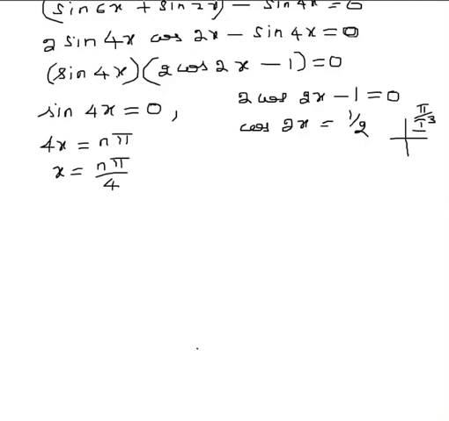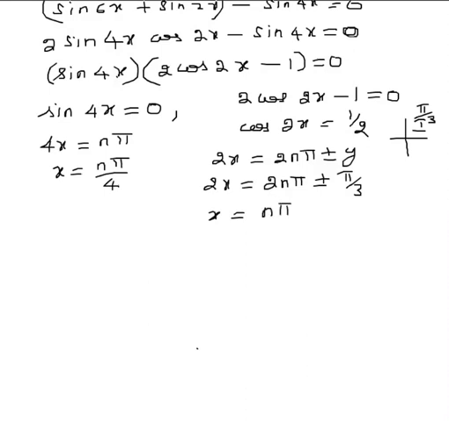Now we have to write the general solution for cos x is equal to cos y. So the general solution formula is 2x is equal to 2n pi plus or minus y. y is pi by 3 here. We have to write for x.